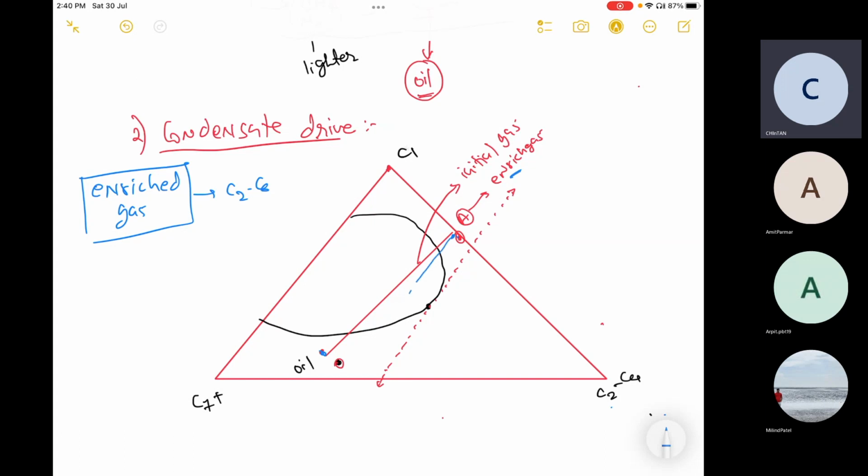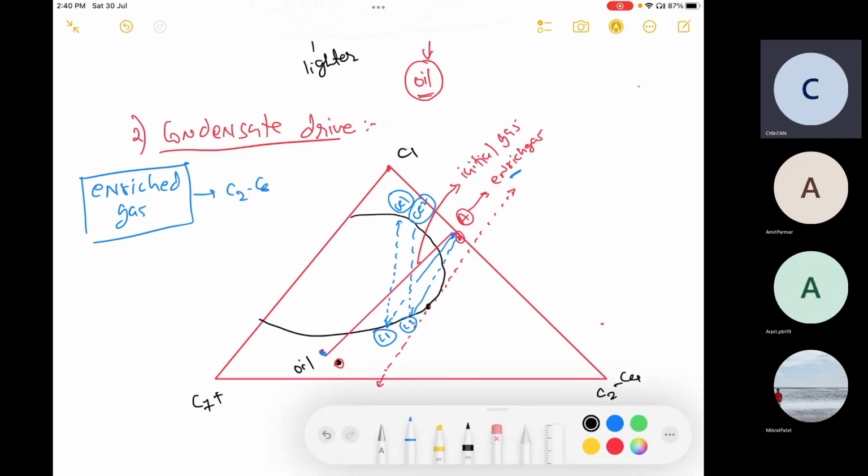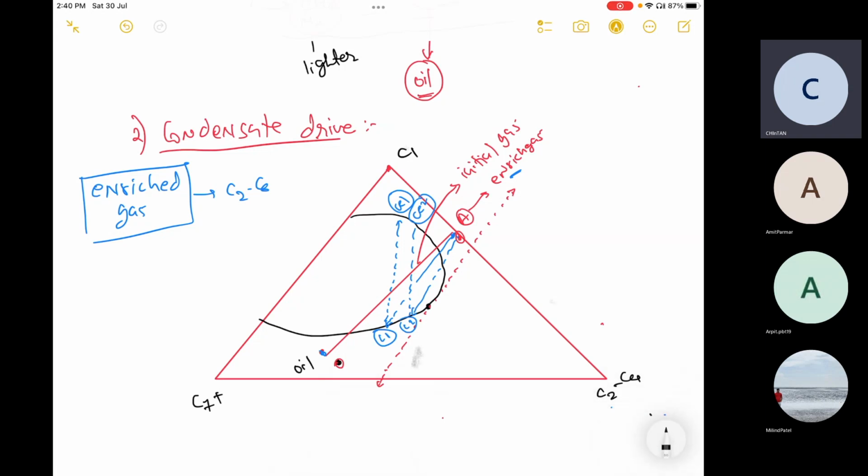So this line should start from here. This is my L1, this is my L2. Simultaneously you must have the tie line for this, so you will get the gas composition. This is the gas composition corresponding to L1, this is the gas composition corresponding to L2, and at the end it will change the oil composition, and it will become miscible once it passes this zone.